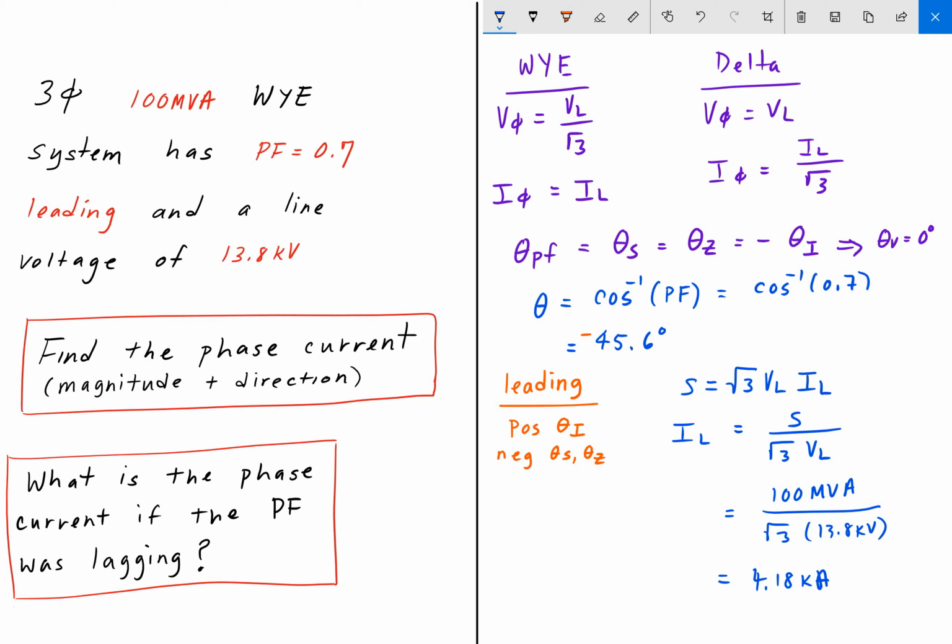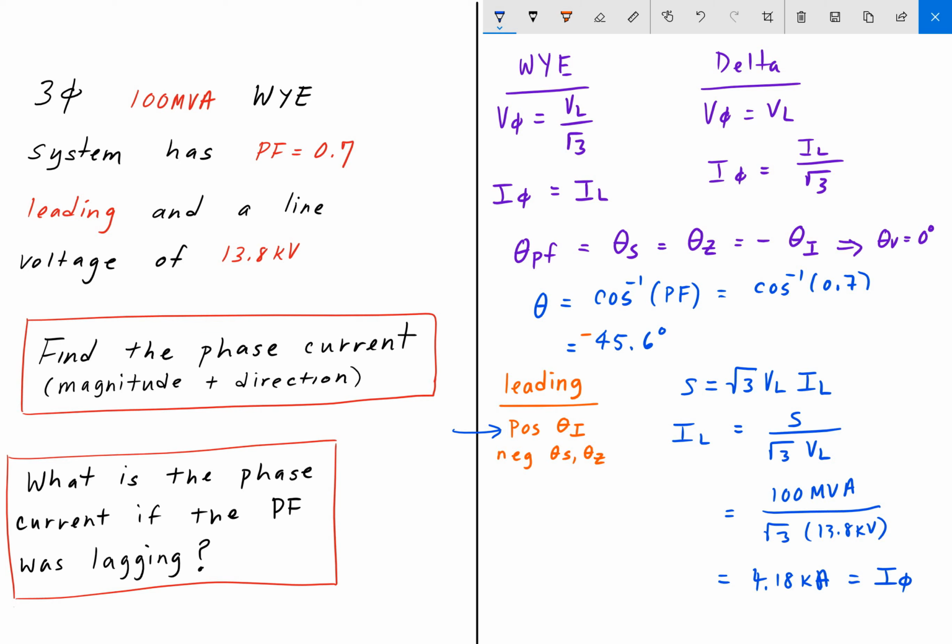And we know from the basic property of the Y-connected system that I line is equal to I phase. And so that gives us the magnitude of the phase current, and the direction is simply the positive theta I. Right, so if we look here, it's just going to be the power factor angle at 45.6 degrees.